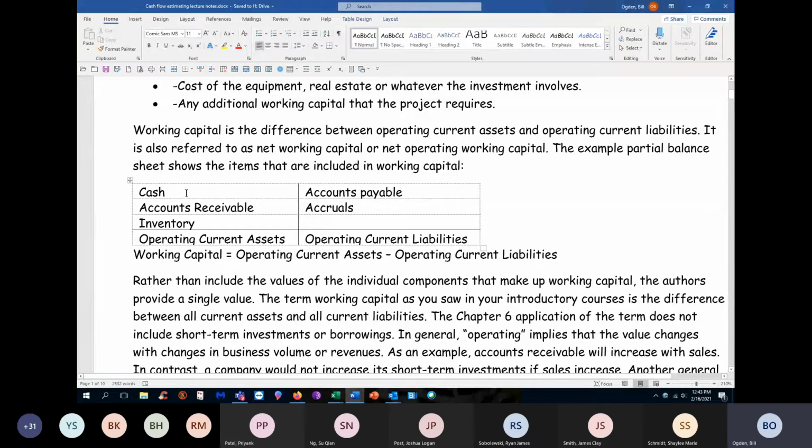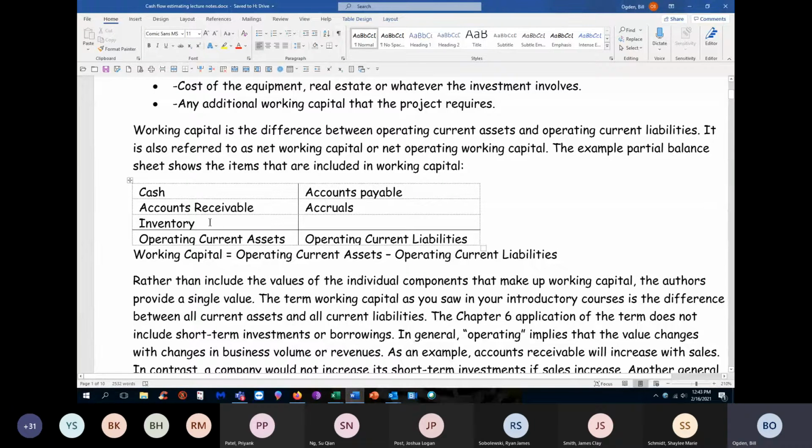So we just want working capital to represent the current assets and current liabilities that would change spontaneously with operations. Right? So another general rule would be that if it bears interest, you don't include it.